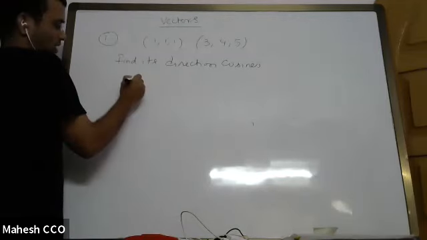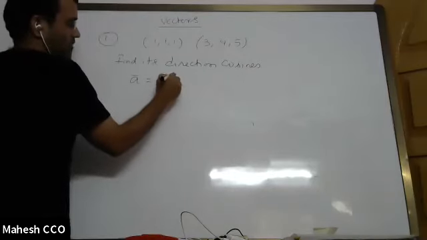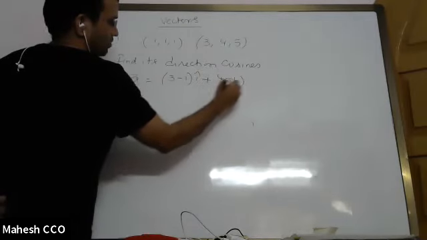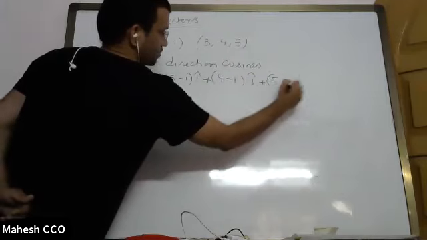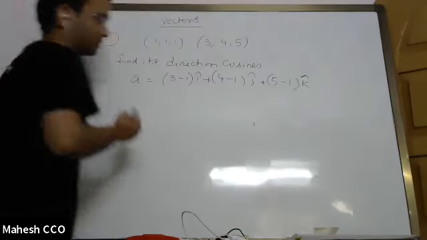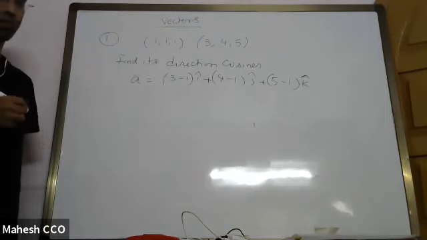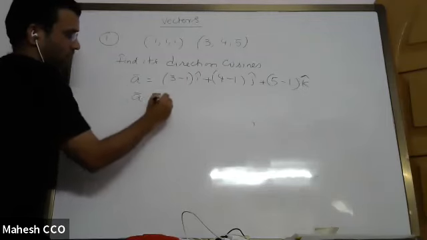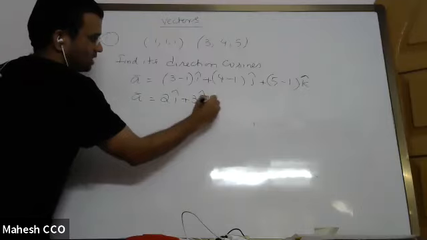So the vector A bar is given by (3 minus 1) into i cap plus (4 minus 1) into j cap plus (5 minus 1) into k cap. Therefore the vector is 2i cap plus 3j cap plus 4k cap.